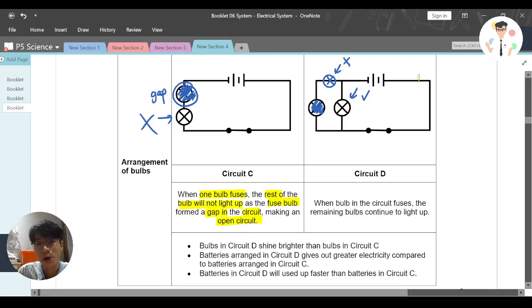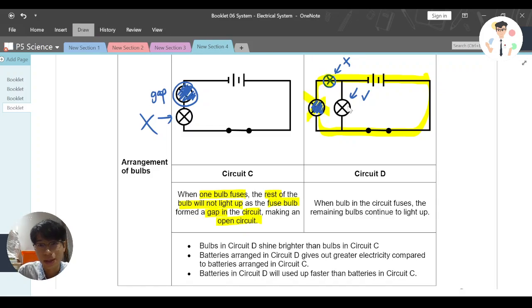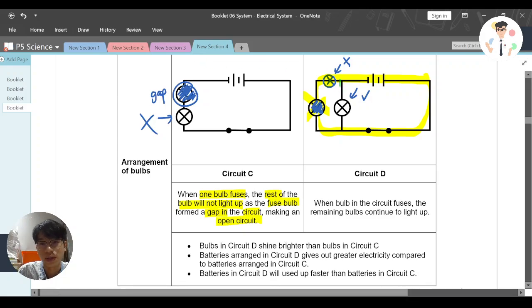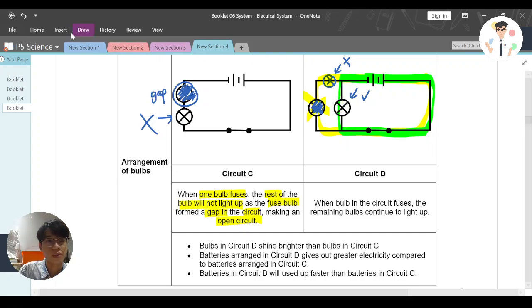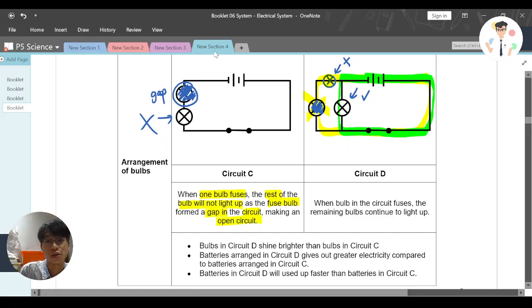Because, can you see that one round? This bulb is actually depending on this round. That's why if this fuses, this also will not be able to light up. This is able to light up because, can you see, it doesn't affect anything. That's why this is able to light up. Okay, that is basically how this works.